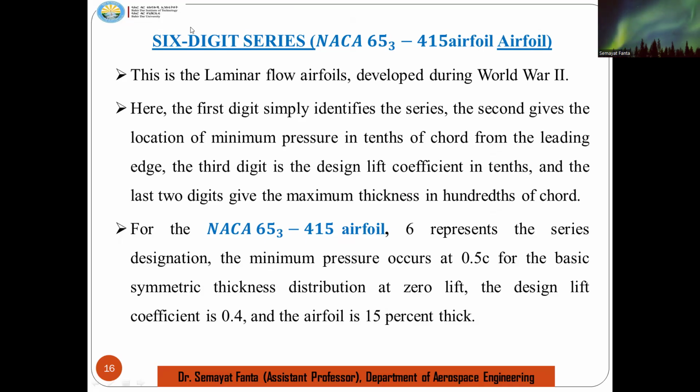So for NACA 6-digit, the first 6 represents the series designation. This is the first 6 series. The maximum pressure occurs at 0.5 of the chord, that means the second digit, for the basic symmetric thickness distribution at 0 lift. And the design lift coefficient is 0.4. It is just this digit. And the aerofoil is 15%, the last 1 and 5, thickness.